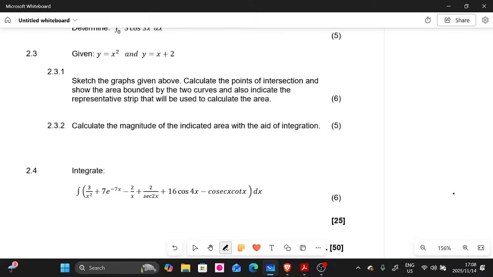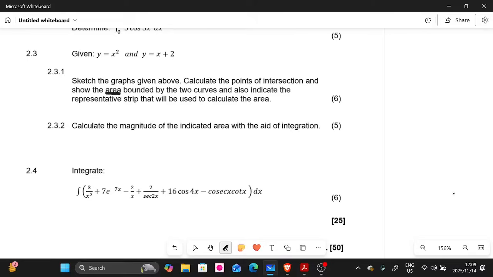Now the question is 2.3.1. This is sketch the graphs given above there. So these two graphs, you must sketch them. And then they say calculate the point of intersection. The point of intersection, it's where the graphs actually touch each other. And then they say calculate and also show the area bounded by the two curves.